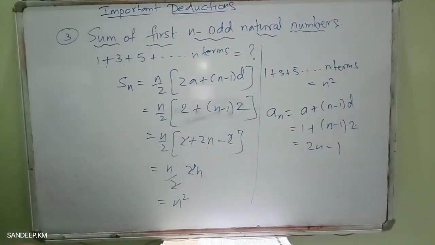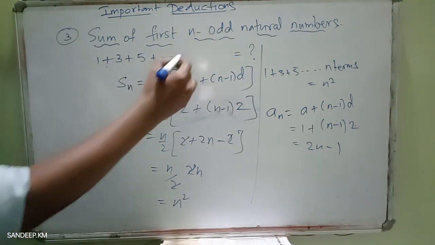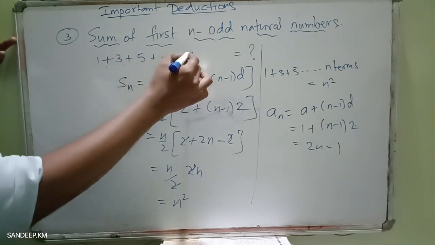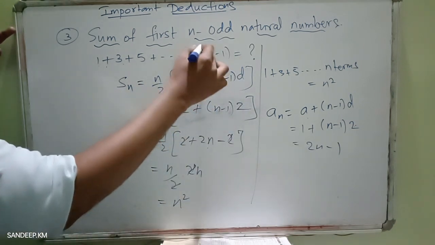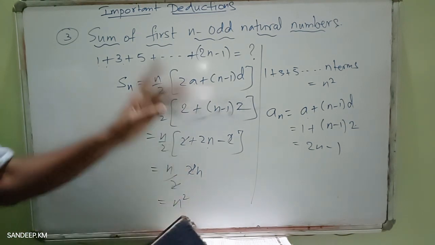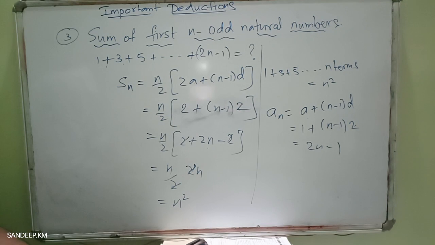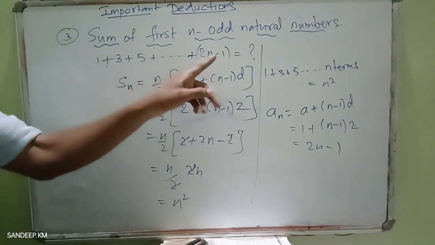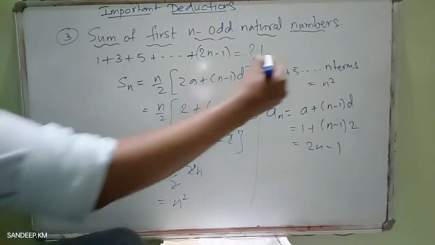So, dear students, I will write the series as 1 plus 3 plus 5 and so on up to 2n minus 1. The nth term, please remember this, in odd numbers is not n, it is 2n minus 1. Okay, the sum of first n odd natural numbers is equal to n square.